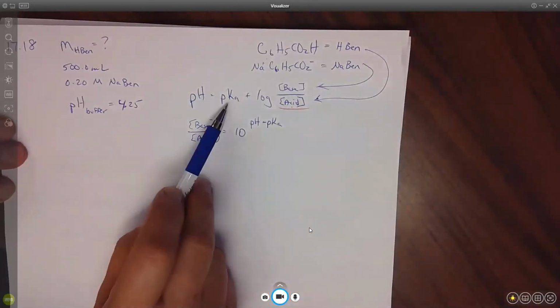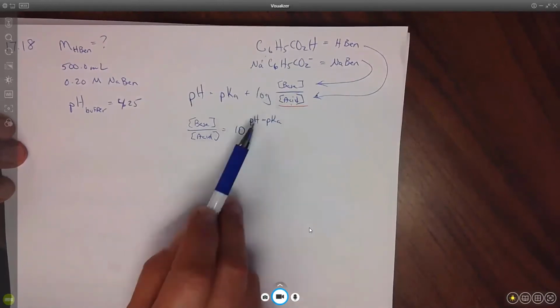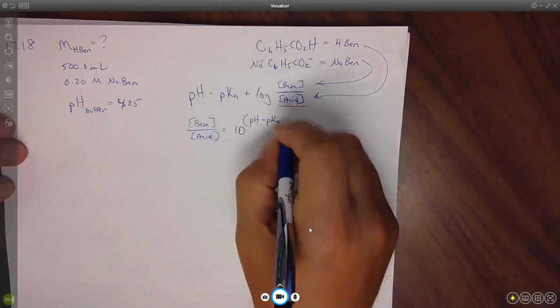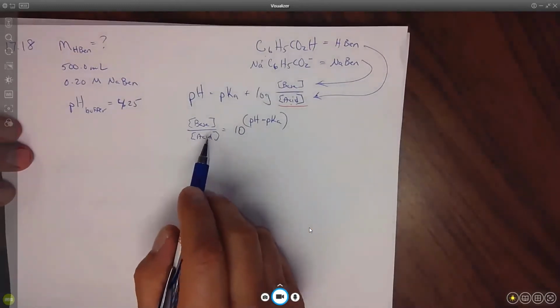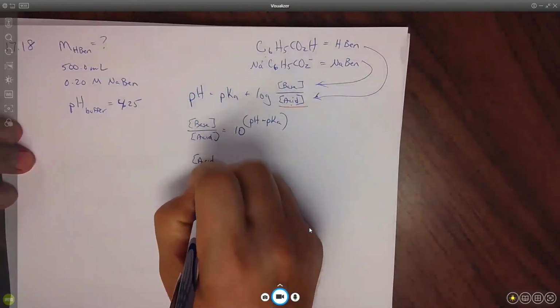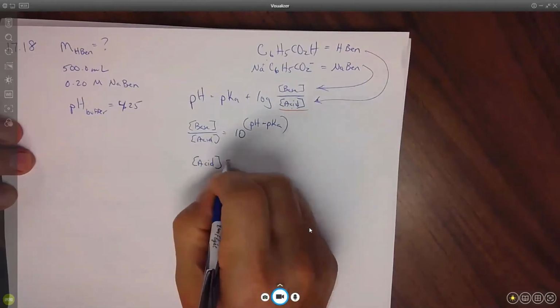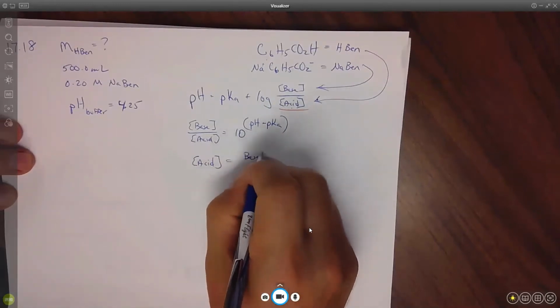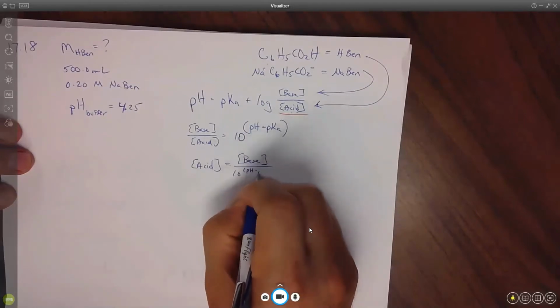Okay, so again, I subtracted the pKa, and then I took the anti-log, which made it 10 to whatever was on that other side, right? We'll put this in parentheses. And so then I want the concentration of the acid, so I'm going to multiply both sides by the acid, and then I'm going to divide both sides by 10 to the pH minus the pKa.